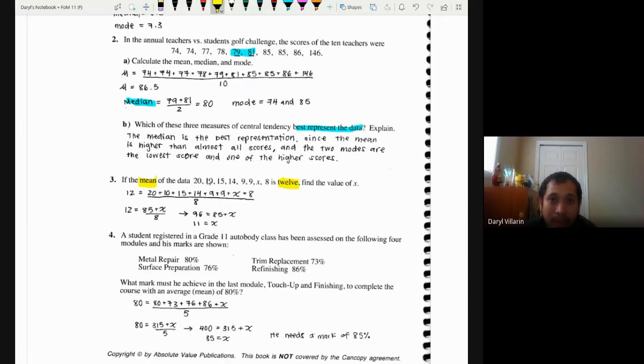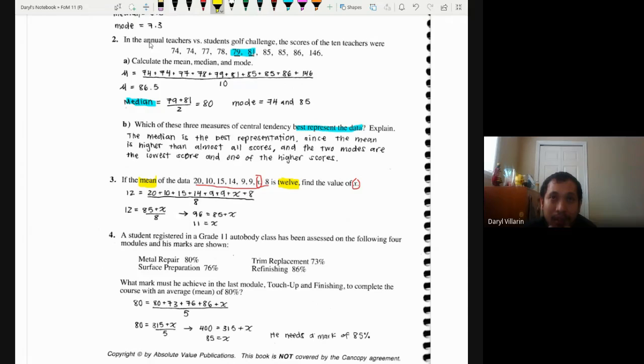Okay, and then these are your measured values. You have x, so you don't know that one, so you need to find the value of x. Well, you go back to the formula for the mean. Mean is equal to the sum, the total, divided by the total number of data.